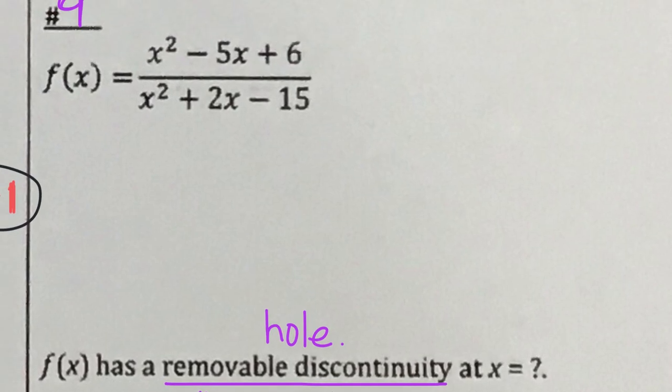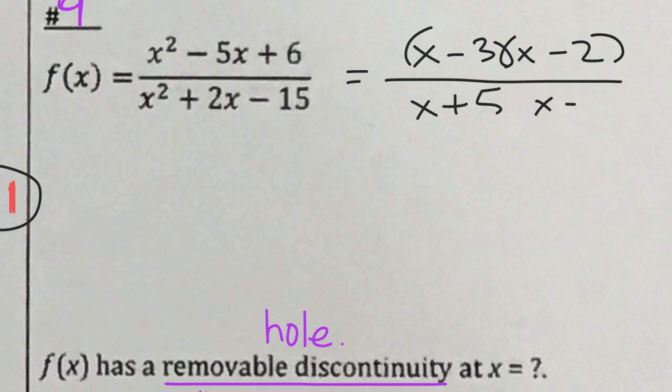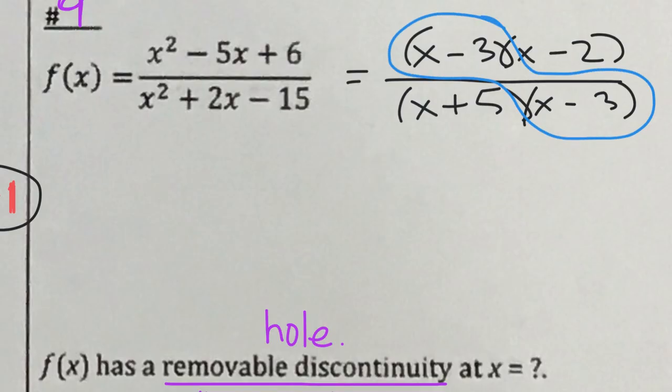Okay? So once again, just like the other one, we're going to factor, and it's the exact same problem, right? The top factors to x minus 3 and x minus 2. And then the bottom factors to x plus 5 and x minus 3. So like we set up above, the values that factor and cancel are going to be where your hole is.